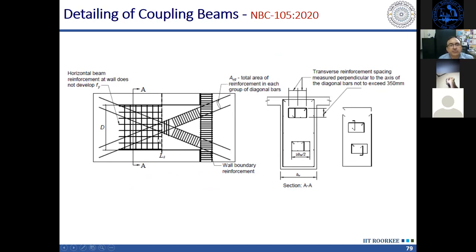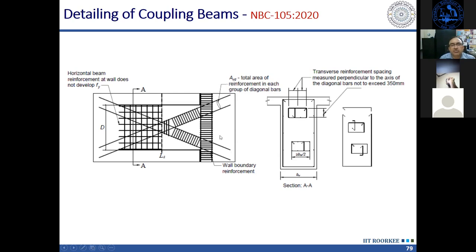The main reinforcement, which is provided in horizontal and vertical directions, is crisscrossing, and the diagonal reinforcement is inside the main reinforcement of the shear wall.